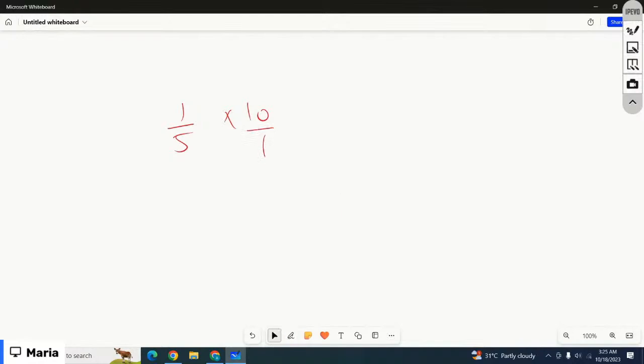You can write this 10 denominator as 1, right? Just do numerator times numerator. 10 times 1 is 10 and 5 times 1 is 5. So when you divide, the correct option is 2. Got it? The correct option is 2.